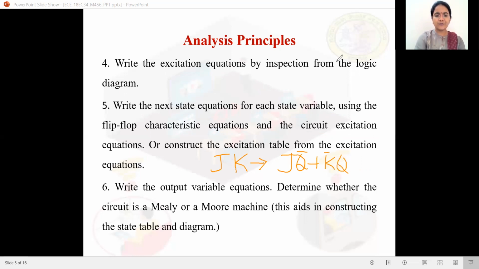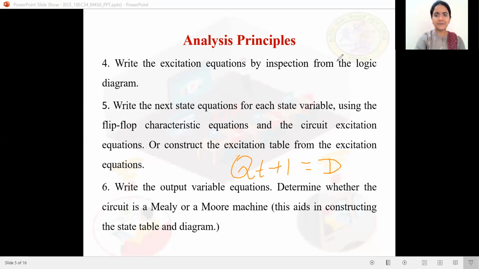And for the D flip-flop, what is the next state equation? For the D flip-flop it is very easy, so for simple diagrams we consider D flip-flops. For the D flip-flop, the next state Q(t+1) is equal to D. As we know, the D flip-flop is a data flip-flop or delay flip-flop, where we have the same output as the given input.